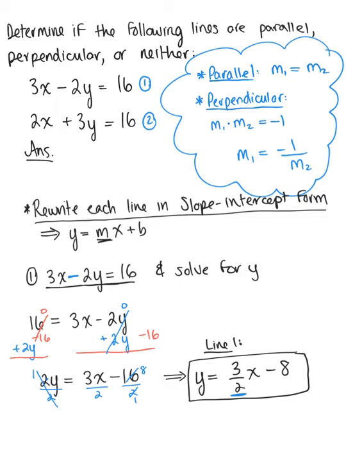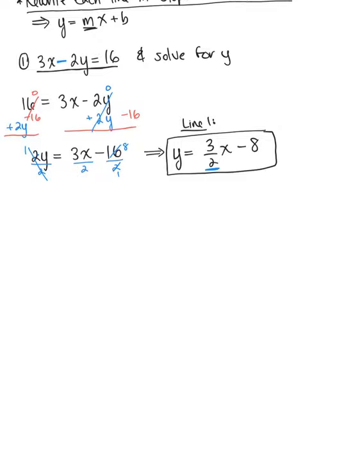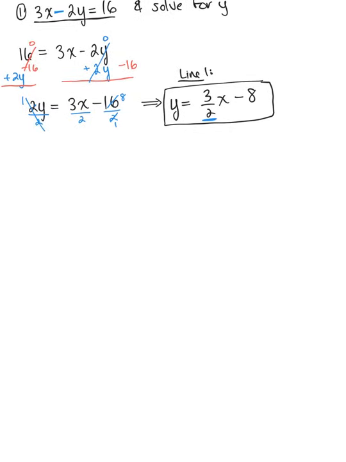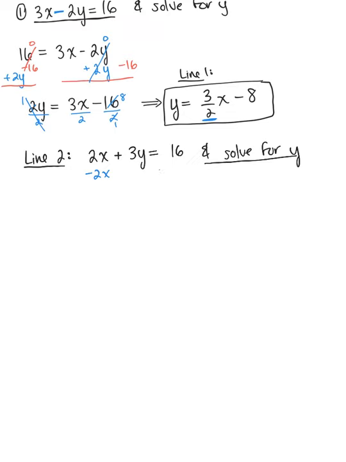Now we want to go ahead and do the same thing for our second line before we can compare them. So our second line, line 2, is 2x plus 3y is equal to 16, and we want to solve for y. So we can rewrite it in its slope-intercept form. I'm going to go ahead here and subtract 2x from both sides of the expression.